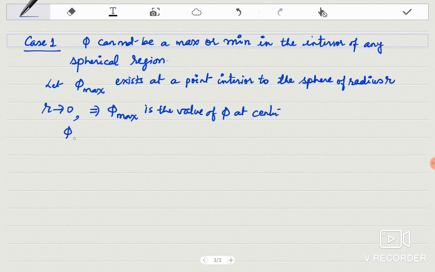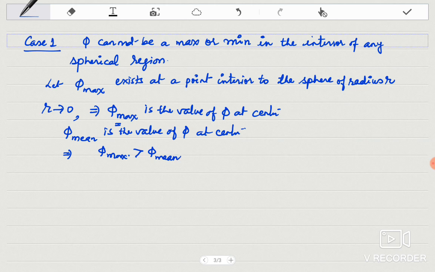But we know that φ mean is the value of φ at center. So this implies, because it is the maximum, that φ maximum should be greater than φ mean. But you are saying that these two should be same, because it is also the value at the center.